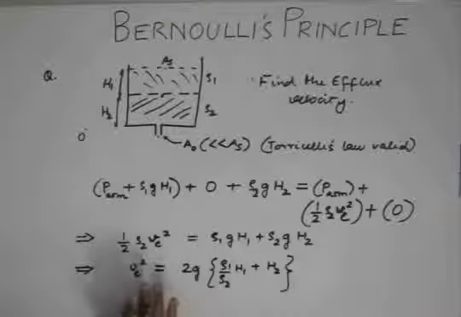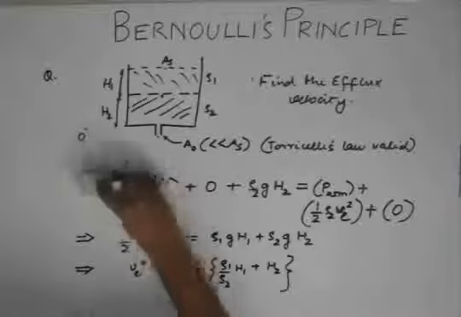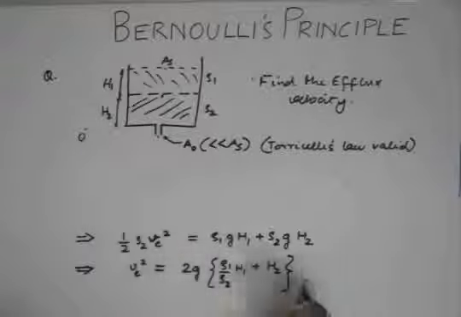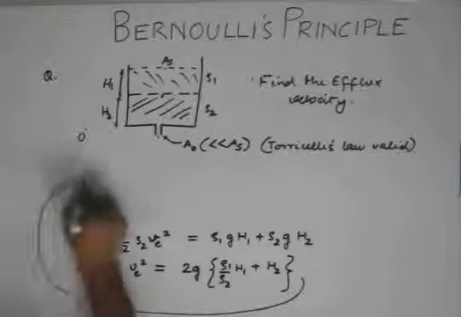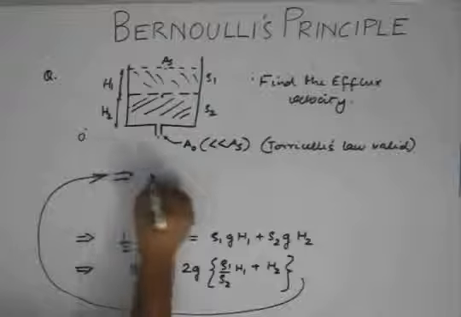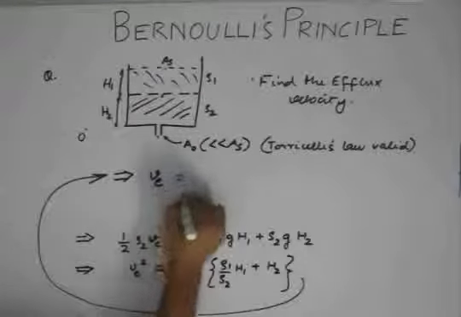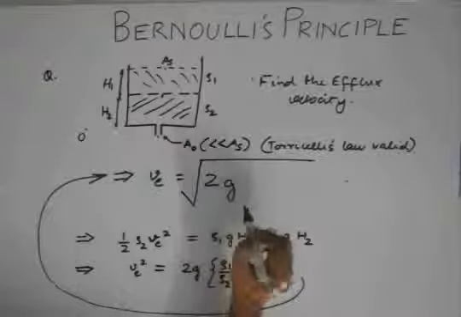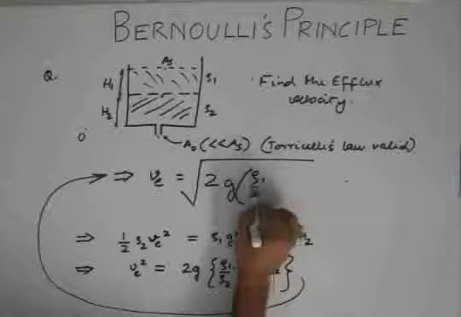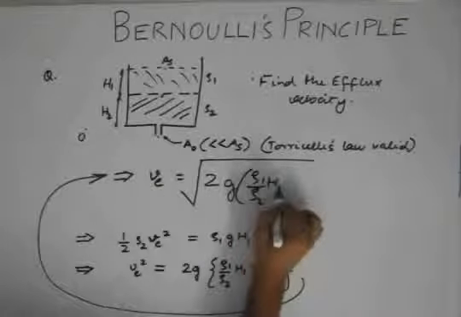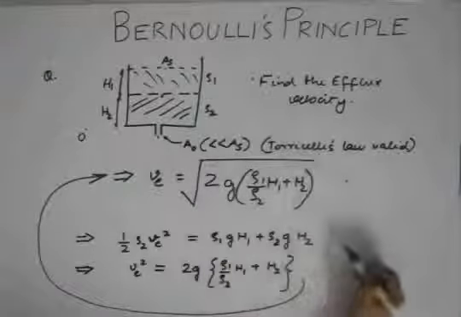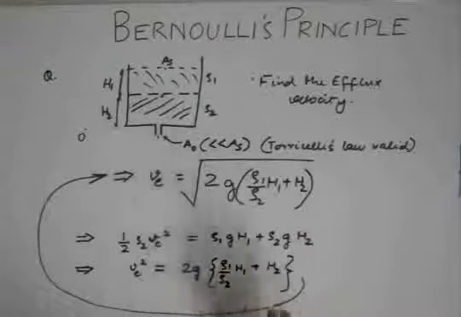So this is VE square. Now when we write the expression for efflux velocity, VE is going to be under root 2g into rho 1 by rho 2 H1 plus H2. So this is our efflux velocity. Here the problem is solved.